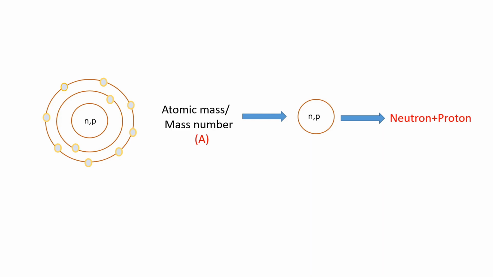That is, if we add the number of neutrons and protons, we will get the mass number, that is capital A. Now, if we are defining the atomic mass as a whole, why are we not including the electrons in it? The reason is electrons have the ability to leave or come back to the orbit, because of which we don't include them in the mass number. So the mass number is the sum of neutrons and protons.